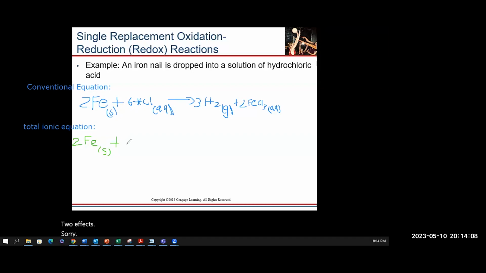And 6H+, right, class? Plus. Okay. Good job. Keep going. Plus Cl, that's a gas? Is that aqueous or is that a gas? It's still going to be aqueous because it's going to be the ion, right? How many Cl? 6. 6Cl minus, aqueous.